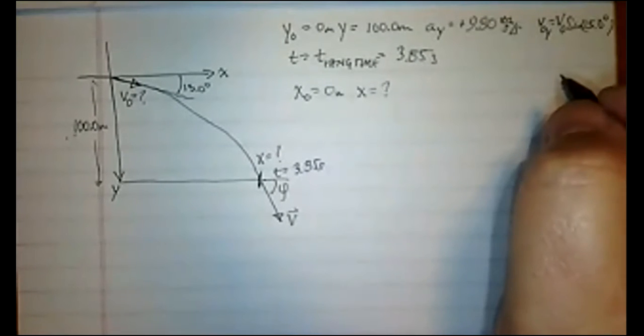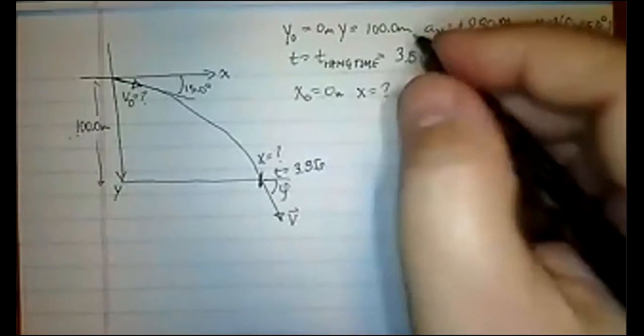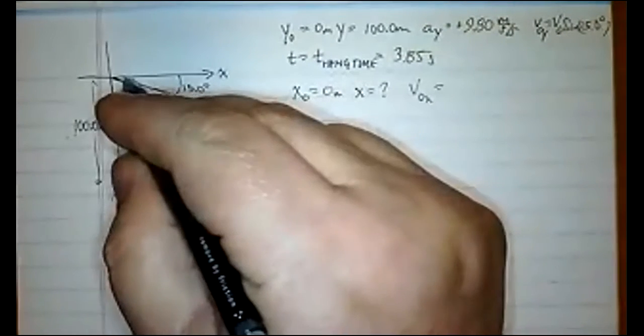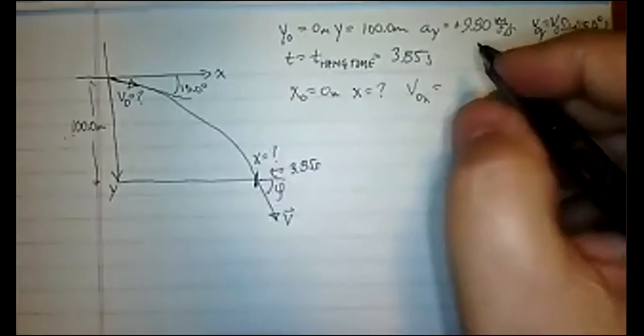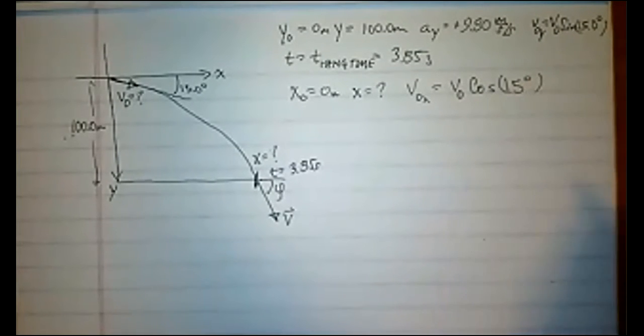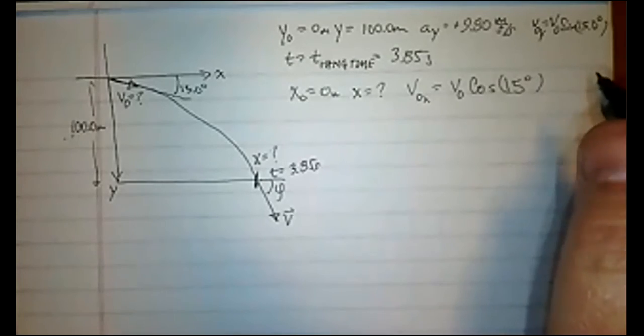That's what we want to know. Of course, that corresponds to a time t. We also want to know v0x. So v0x you can see would be this component right here, and that's a cosine. So you get V0 times cosine 15 degrees. Again, the time counts for both of those. And that's pretty much it.